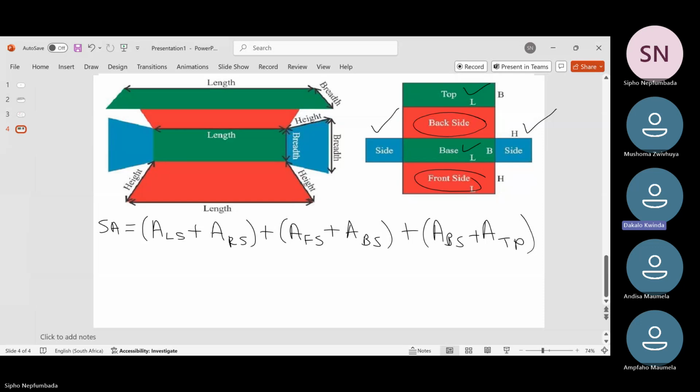Yes. So now this is going to be equal to, what is the area of the left side? It is base times height. Plus base times height.